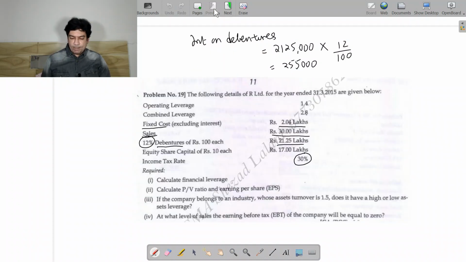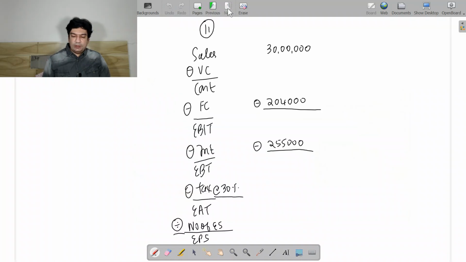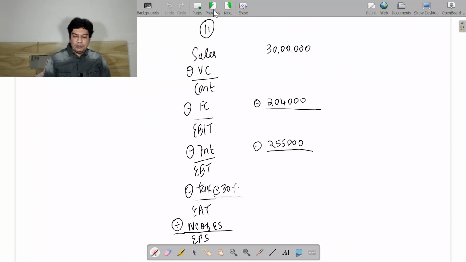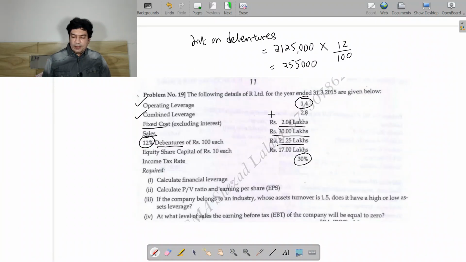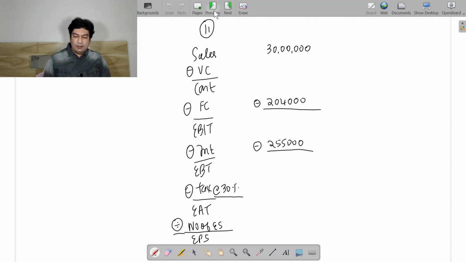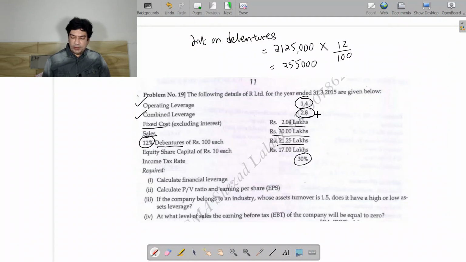So these details are given to us. Now we have operating leverage and we have combined leverage. Operating leverage is 1.4 and the combined leverage is 2.8.